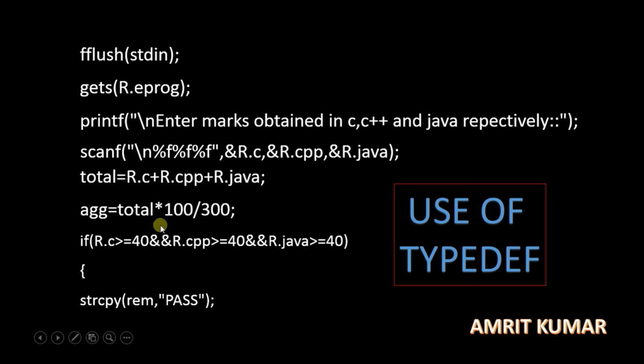After this I find the aggregate marks, or you can say the percentage: total into 100 divided by 300. That is going to be stored in the aggregate variable.